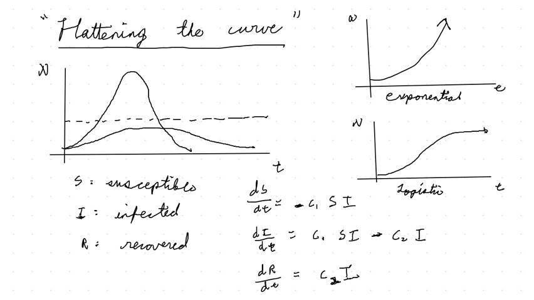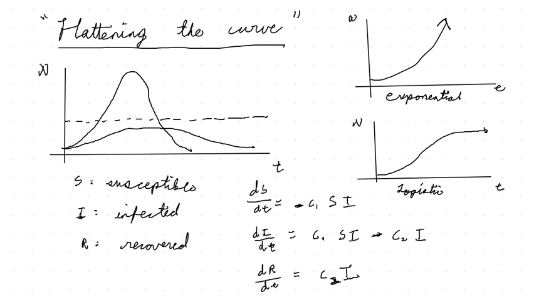Unfortunately for this one, we can't solve these by hand. At least I don't know of a method to solve these by hand. So we would just use a calculator to graph it. And when you do graph it, you do get this curve over here. This curve that looks like this. So that's great. Using this model, we get the bell-shaped looking curve over here.